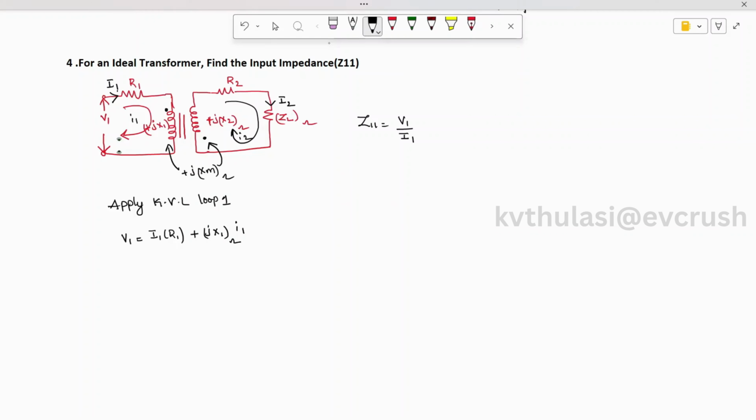Then there is the mutual inductance for these two coupled coils. For the current I1 the dot is at the entering terminal, and for the current I2 the dot is also at the entering terminal.